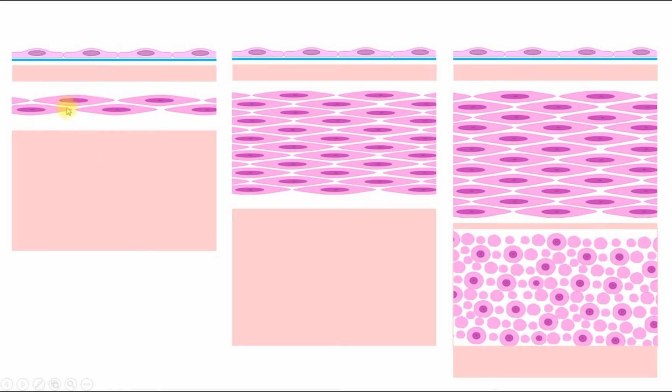In this case, we have a very thin layer of muscles in tunica media. In this case, the muscular layer is developed better, and in this case we can see that muscles are present in tunica media and even in tunica adventitia, and in adventitia they have longitudinal direction. It's a muscular vein with good development of muscles.